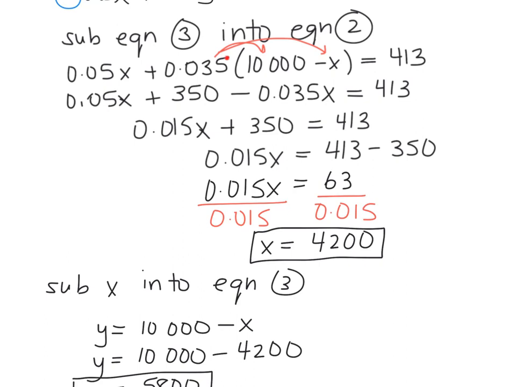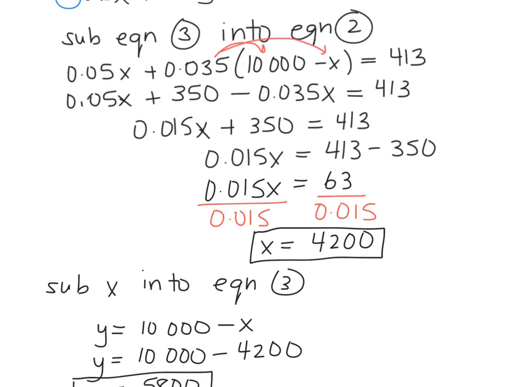I followed the distribution property, and I simplified by collecting like terms, so I blended together 0.05x minus 0.035x, which gave me 0.015x. I collected like terms by bringing the 350 over to the right-hand side. I simplified, and I isolated for x, which gave me a value of 4,200.